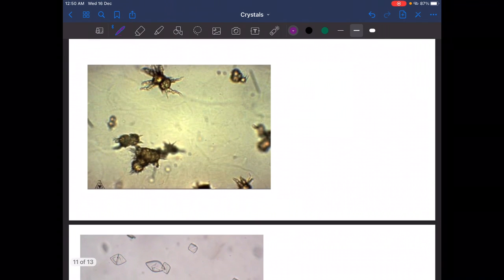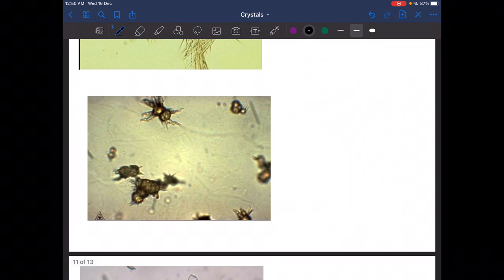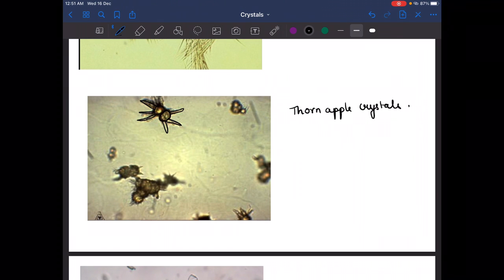Here we can see something with thorn like projections. So these are usually thorn apple crystals. If in any photo we see thorn apple crystals, we can easily identify the composition as ammonium biurate.